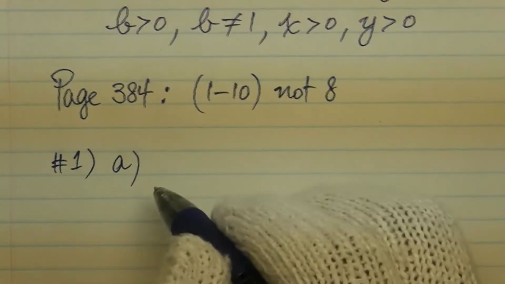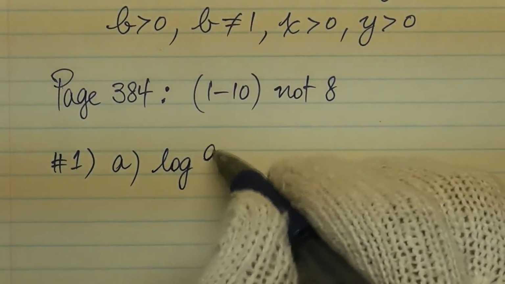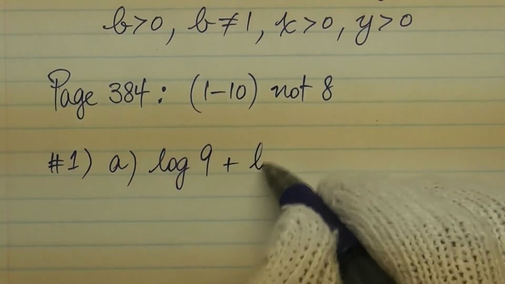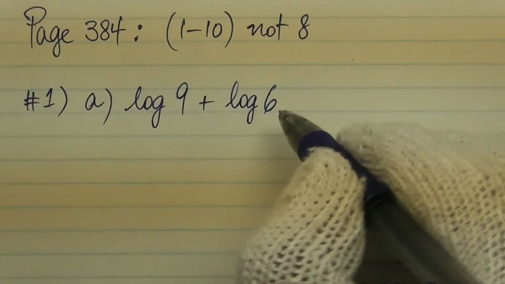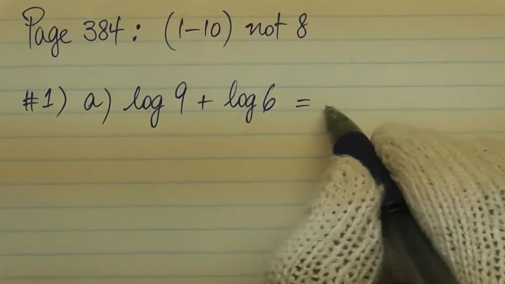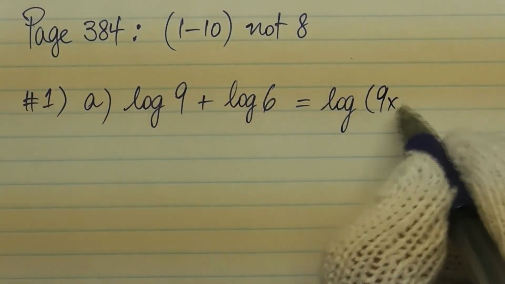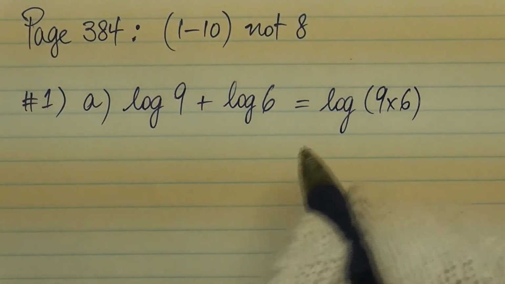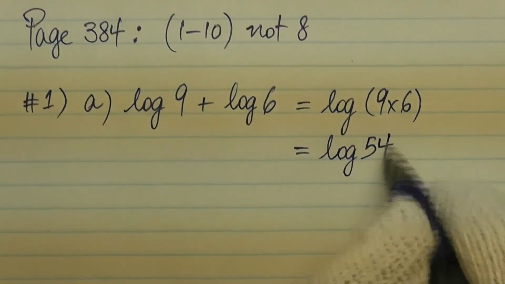They want us to simplify using the laws of logs. This is just going to be the log of 9 times 6. So the log of 54.